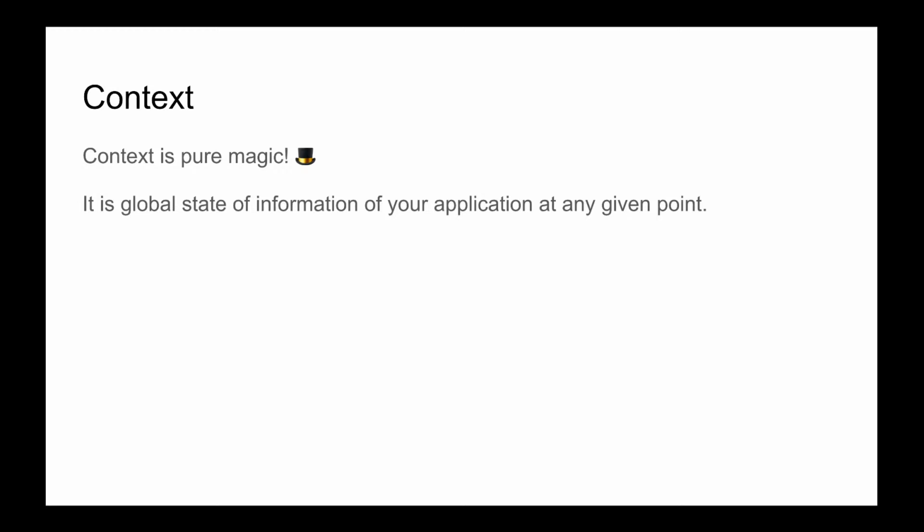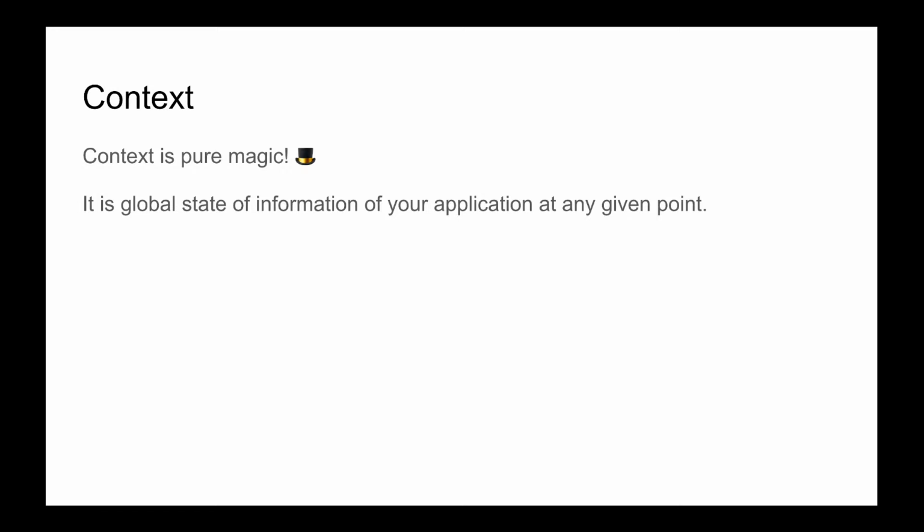Context. The very first thing I'd like to talk about is context, because we all think context is kind of magic, because wherever we need context we just pass it and it just works, but we never really understood what context really is.